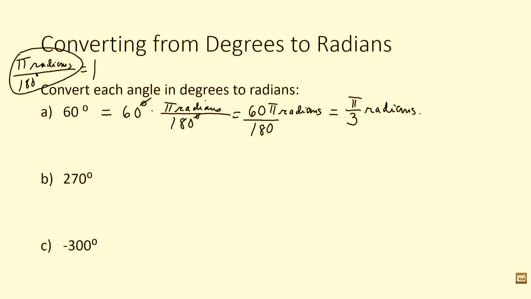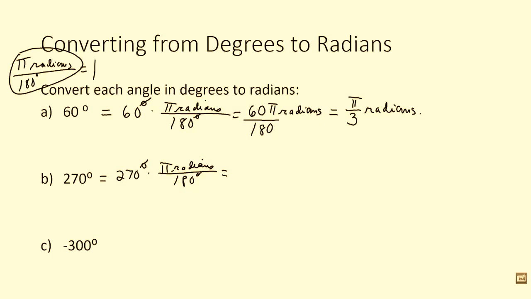In the next example, we want to convert 270 degrees to radians. We have 270 degrees multiplied by pi radians divided by 180 degrees. The degrees cancel.